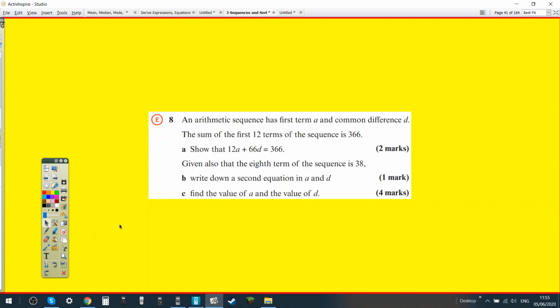Let's see this. An arithmetic sequence has first term a, common difference d. The sum of the first 12 terms is 366. Sure. All right. Let's try this.